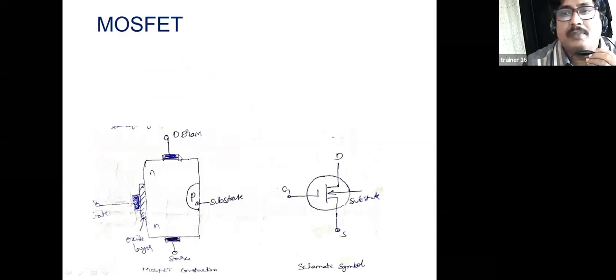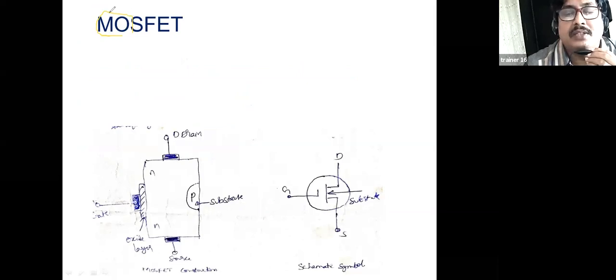MOSFET, that is, metal oxide semiconductor field effect transistor. In this, if you see clearly, this metal oxide acts as a dielectric, partial conduction.